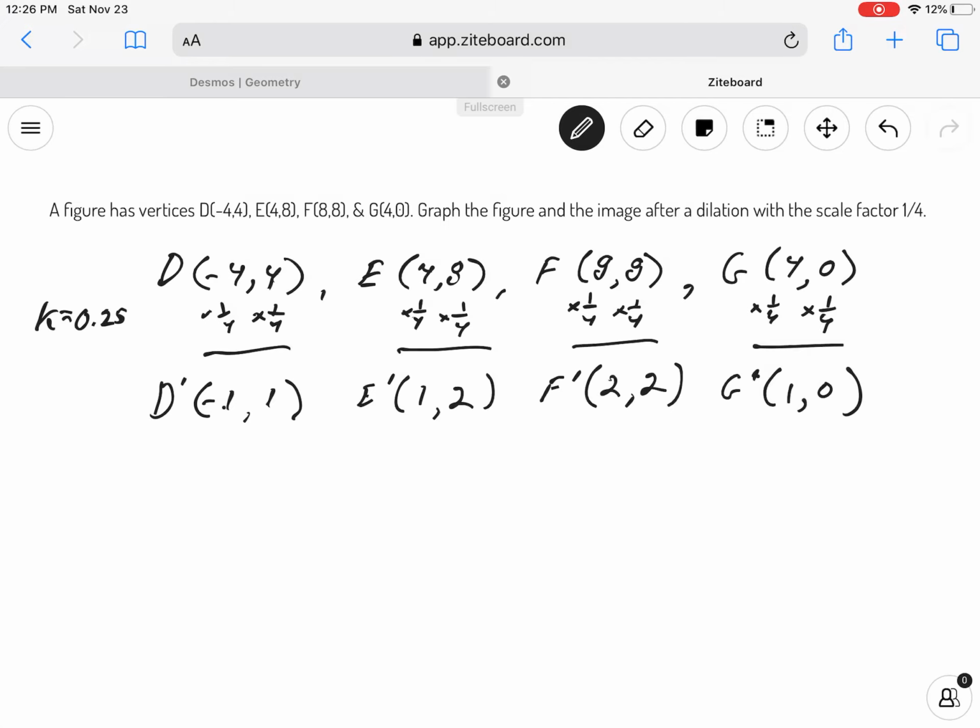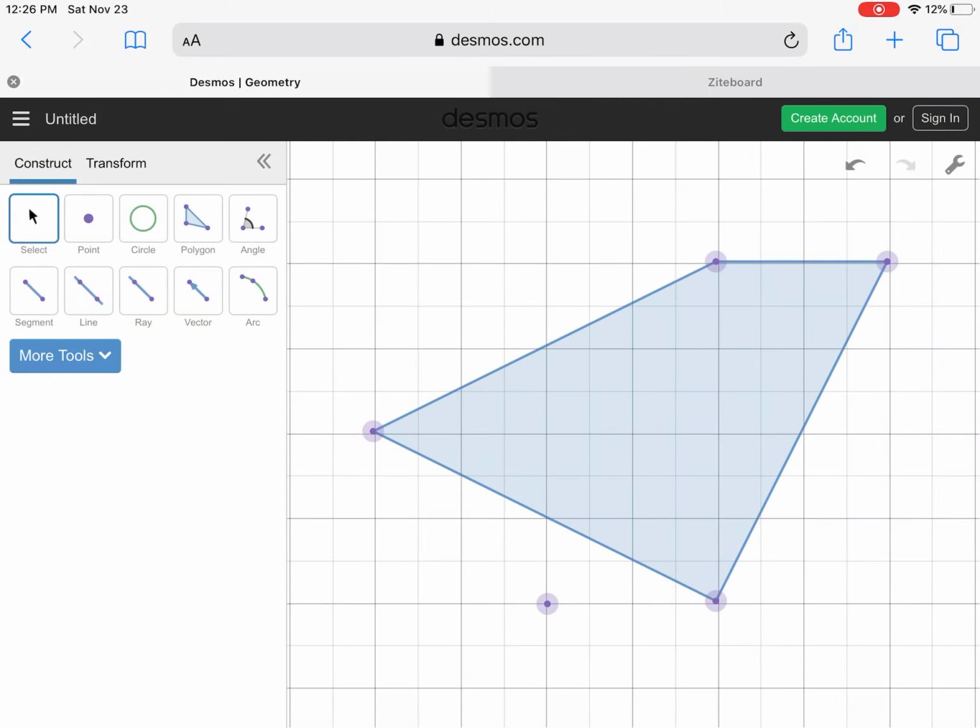Okay. And let's go to it here. I have already plotted the original. Now this point by itself out here is my origin. All right. This graph doesn't have the axes on it, but this point down by itself is my origin. And I want to go ahead and plot my new points.